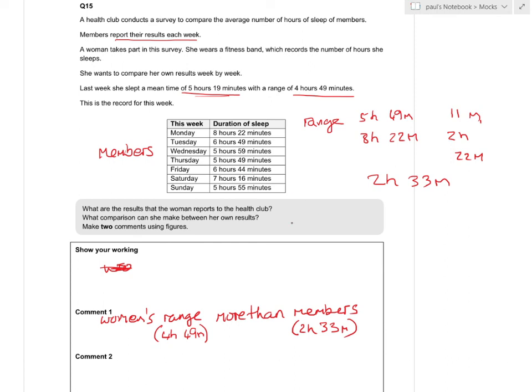So let's add all the hours up. 8 plus 6 plus 5 plus 5 plus 6 plus 7 plus 5 equals 42 hours, right, and all the minutes together, 22 plus 49 plus 59 plus 49 plus 44 plus 16 plus 55, is 294 minutes.